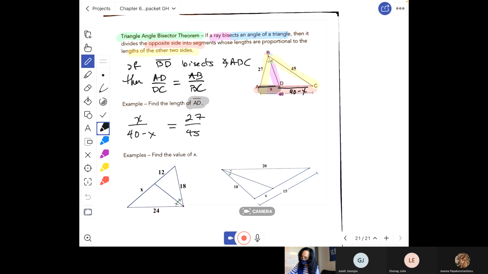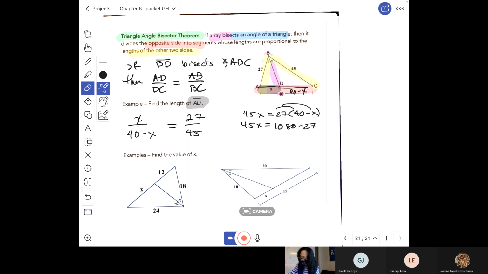Fantastic. So then I have 45X equals 27 times 40 minus X. And I'm going to distribute. Yeah, you want to reduce? You prefer to do that first? Yes?